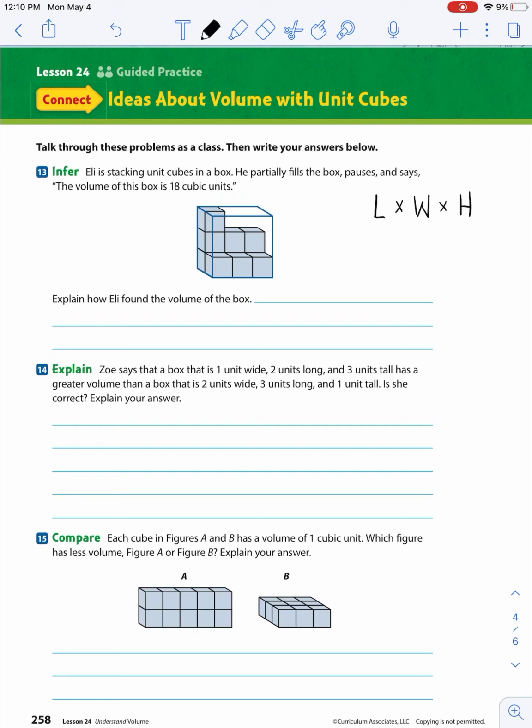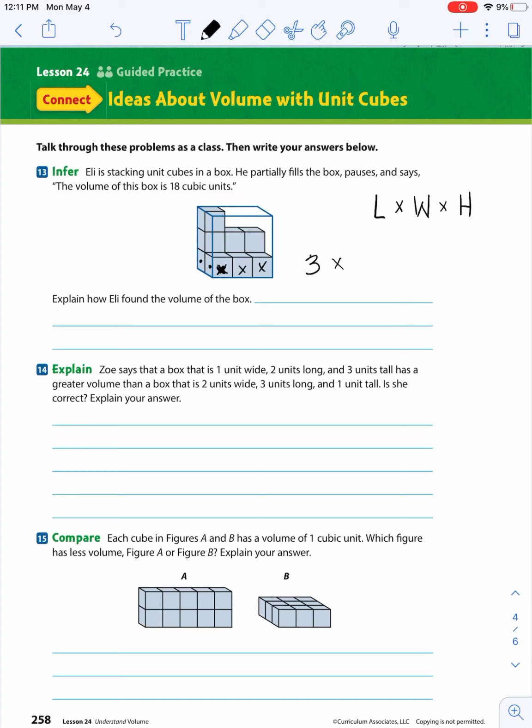Does Eli have that? Does he know how many cubes long he can fill in the box? Well, by his picture, I see 1, 2, 3 cubes across. Okay? Does he know how wide his box is? How many he can fit in the depth of it? How deep it is? I see this cube here, 1, so that would be this guy, and 2.